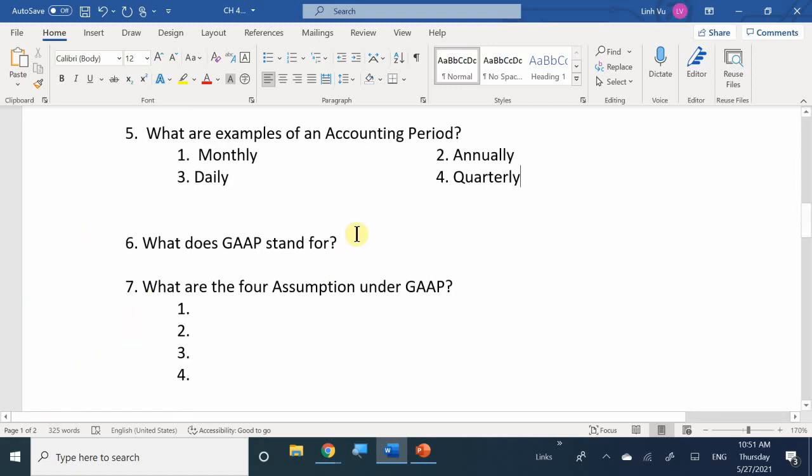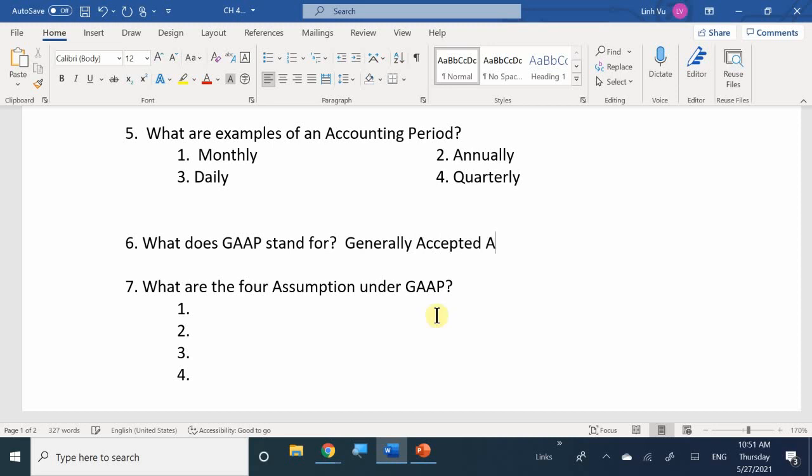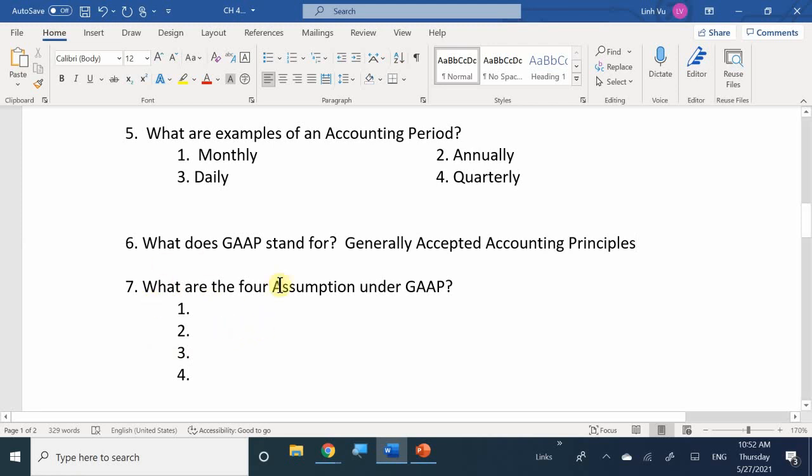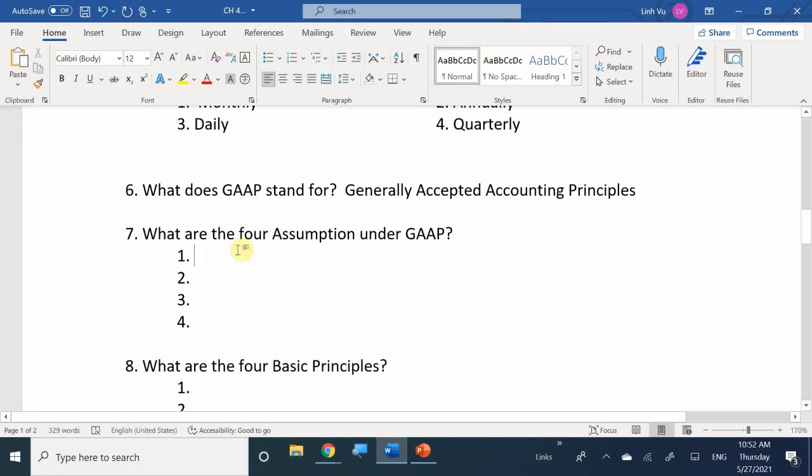All right. What does GAAP stand for? Generally accepted accounting principles. Good. All right. Number 7 says here, what are the 4 assumptions under GAAP?